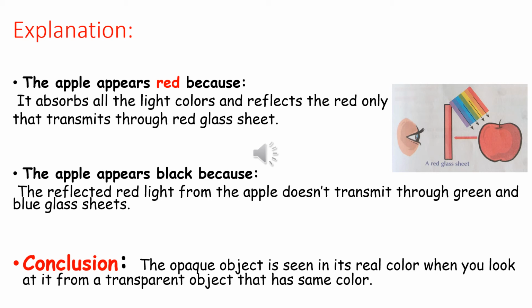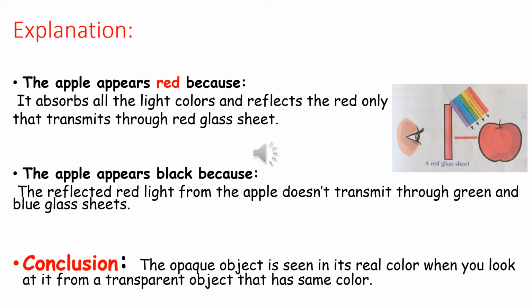As we know, colored transparent objects allow only their own color to pass through them. As the reflected light from the apple is red and the glass sheet has a red color, the reflected red light from the apple can pass through the red glass sheet and it appears red.